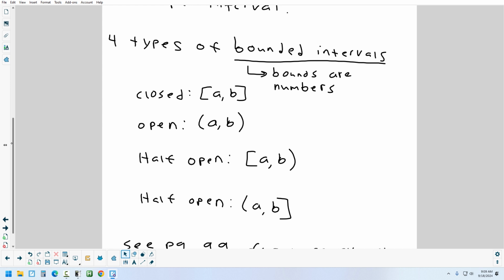A closed interval would be something like x, let's say, is greater than or equal to 2 and less than or equal to 6. That's a closed interval. That's how you would write it in inequality notation.